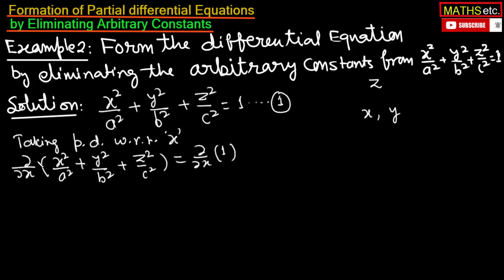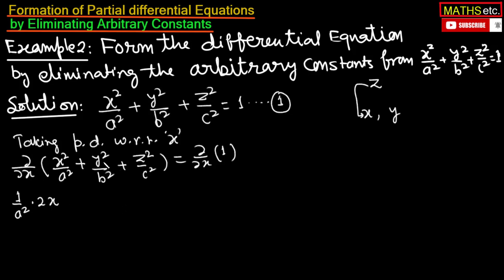Now how to find the partial derivative of the left hand side with respect to x? This diagram will guide us. Now z here is the dependent variable and x and y are independent variables, right? So when we take the partial derivative with respect to x, we will treat x and y as independent variables and z as the dependent variable. So the partial derivative of x squared over a squared with respect to x will be 1 over a square outside, and the derivative of x squared with respect to x will be 2x, right?